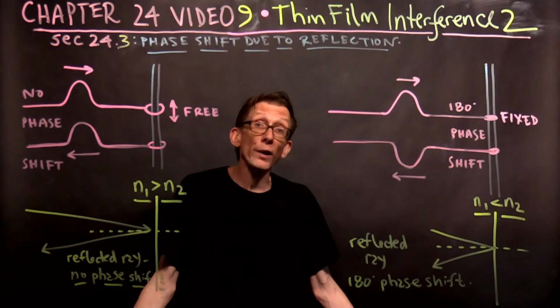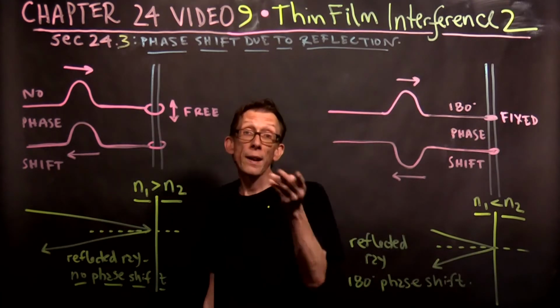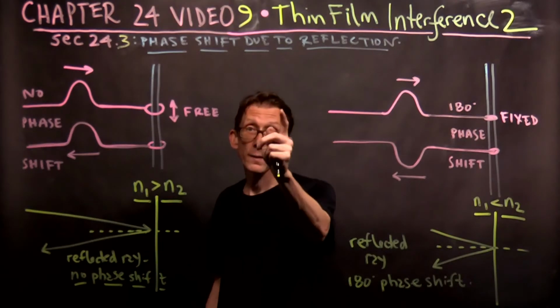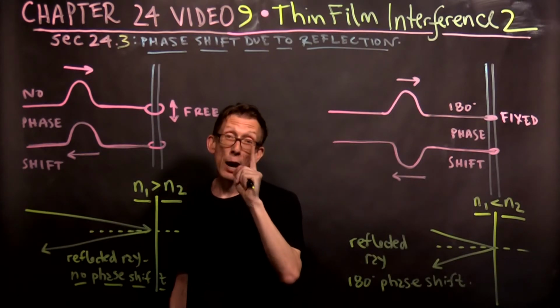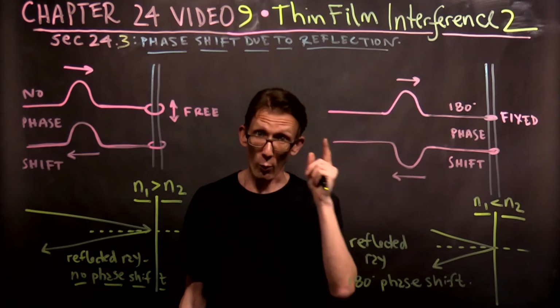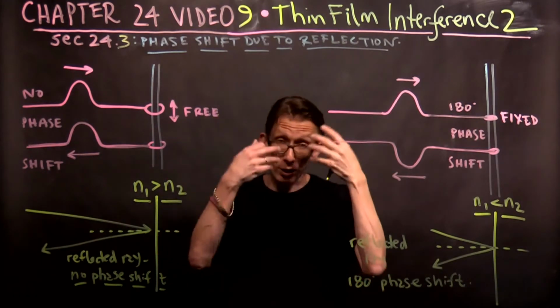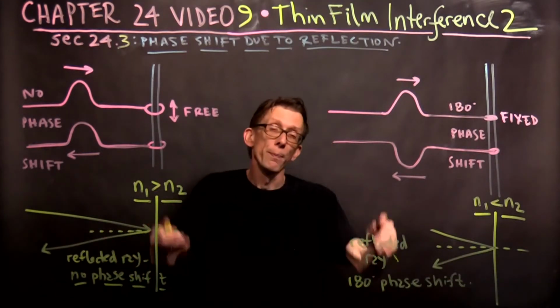So when you look in a mirror, and light reflects off the front of the mirror, right now as I'm talking to you, I can see a faint image of myself reflecting off the glass here. That light that reflects back at me is out of phase with the light that's going in. Where there were peaks before in the wave, there are now troughs. It doesn't change the way it looks to my eye. My eyes aren't sensitive to that sort of thing. Neither are yours, I hope.